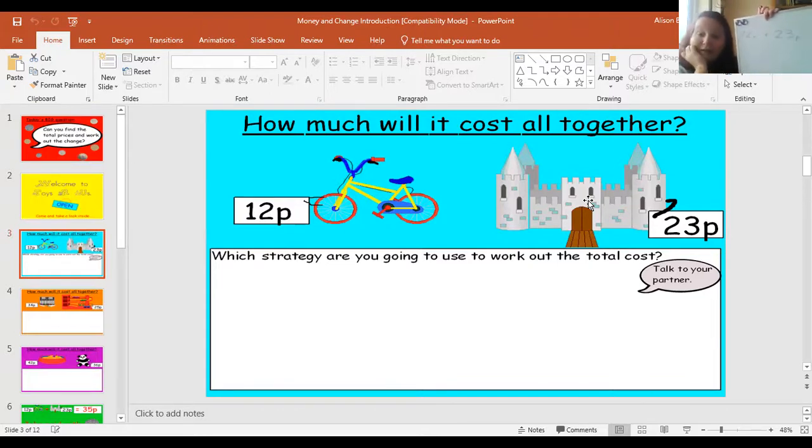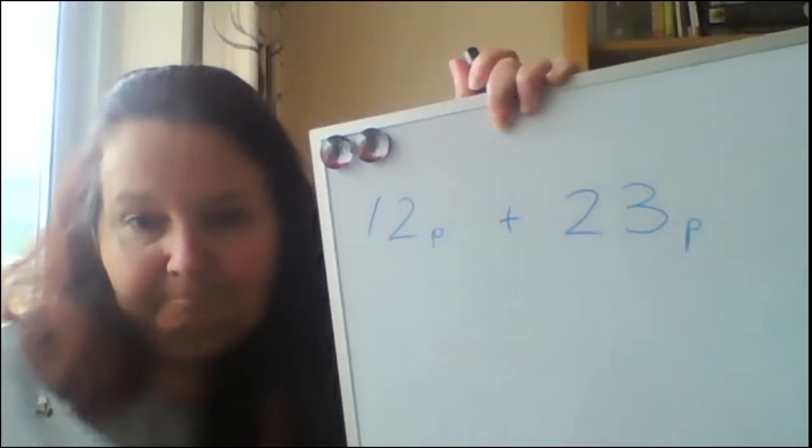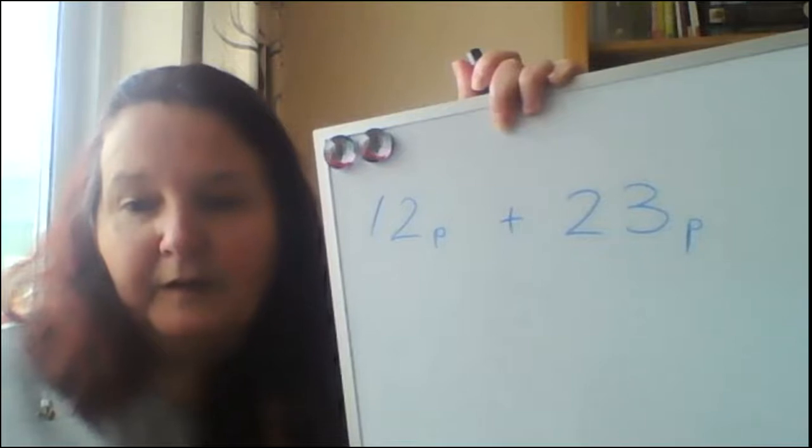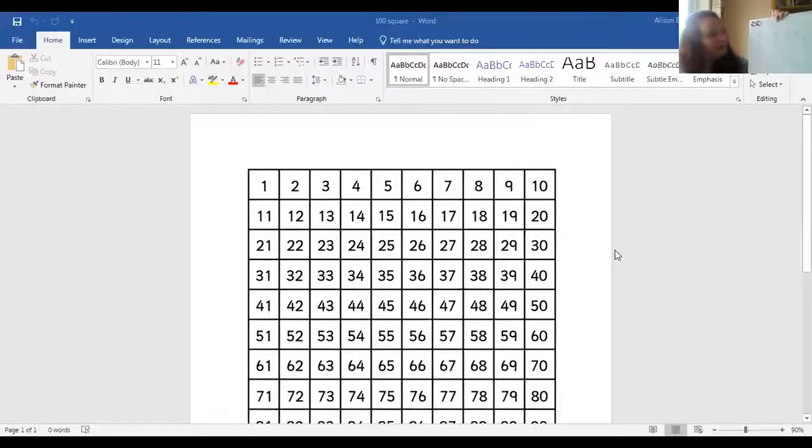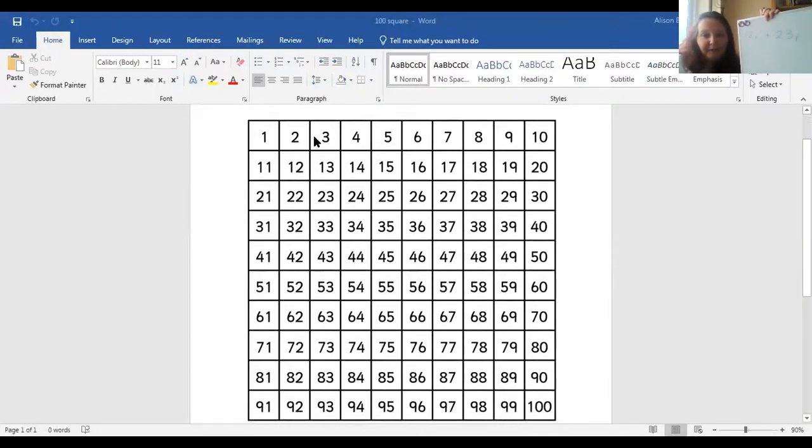Now to do this, I could use a number square. Okay, so let me show you my number square. Here we go. So I've got my 12p, my 12, and I can add on 23. Now the best way to do this, if I partition 20 and 3, I'm going to leave 12 as it is.